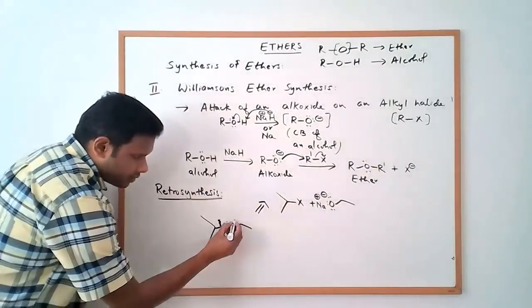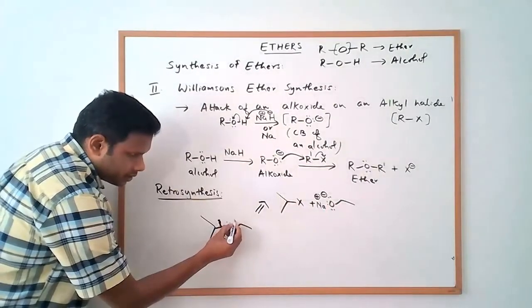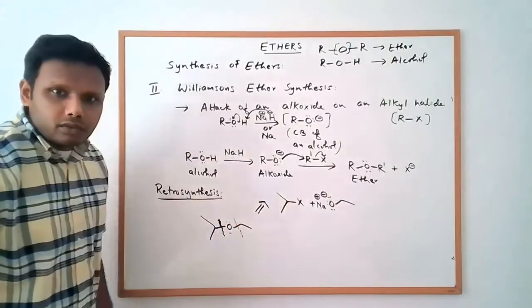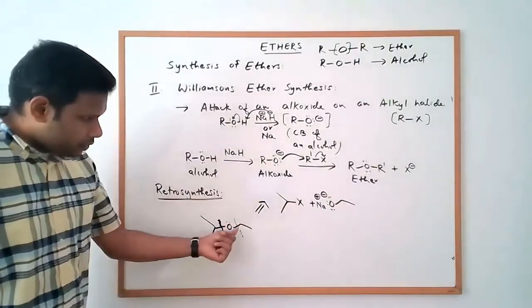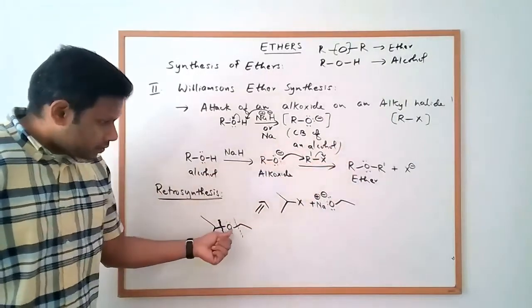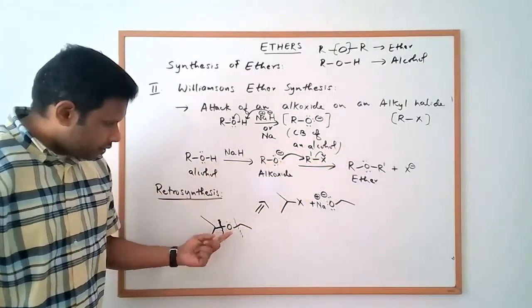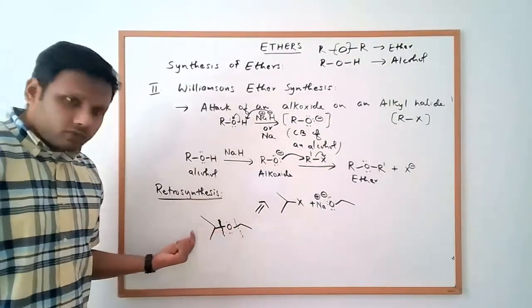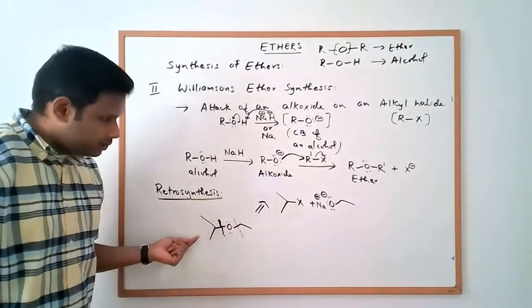The other possibility for a disconnection is that this bond was cleaved, or this bond was formed when you're going forward. If that bond was formed, then notice how the oxygen is along with this isopropyl portion.